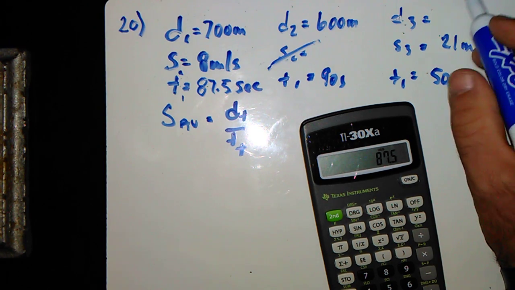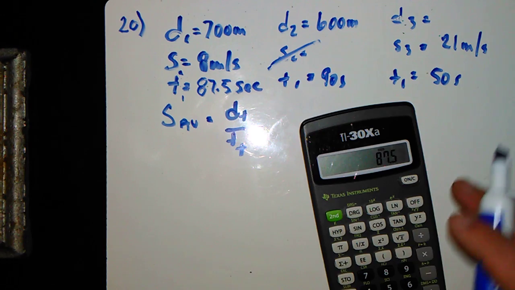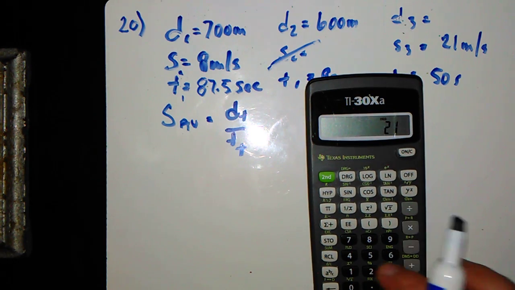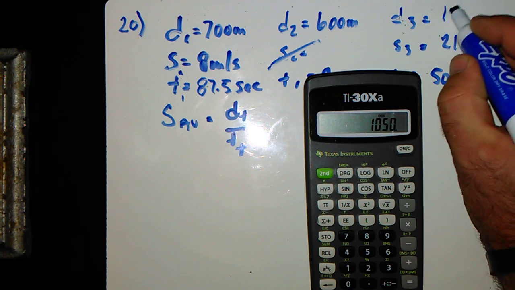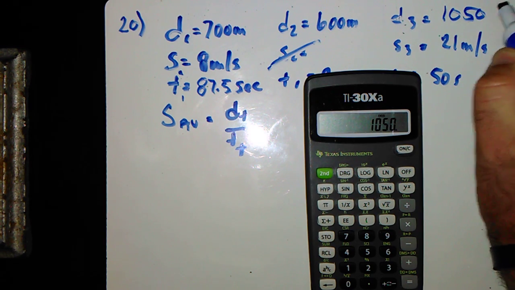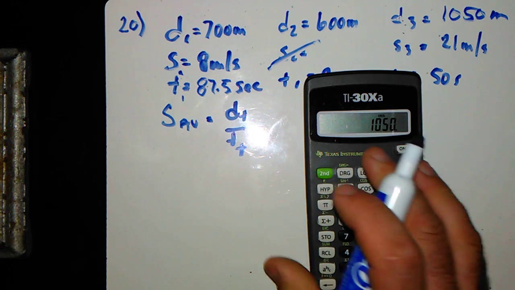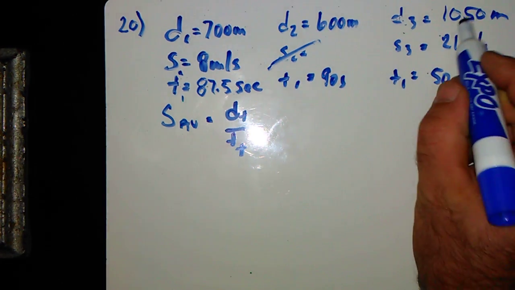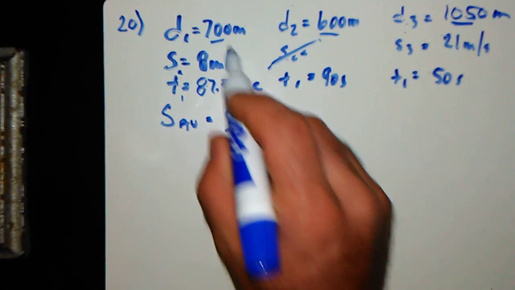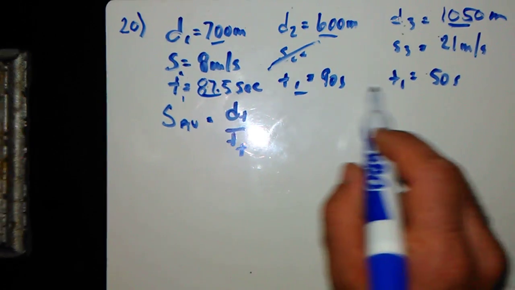And we know that it's speed times time, or 21 times 50. Okay, the distance is 1050. Okay, so now we have the total distance and we have the total time.